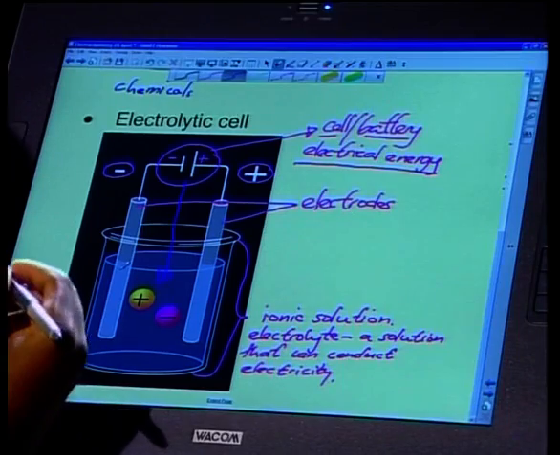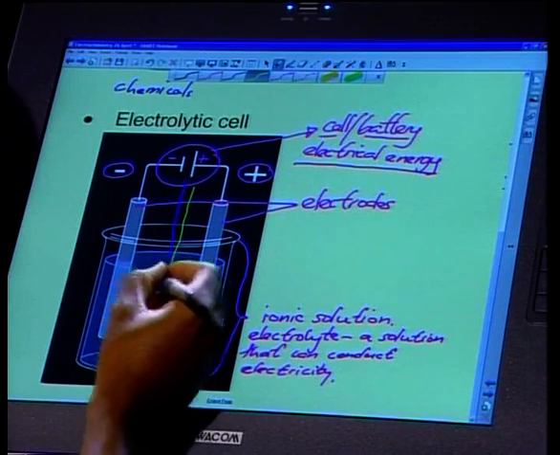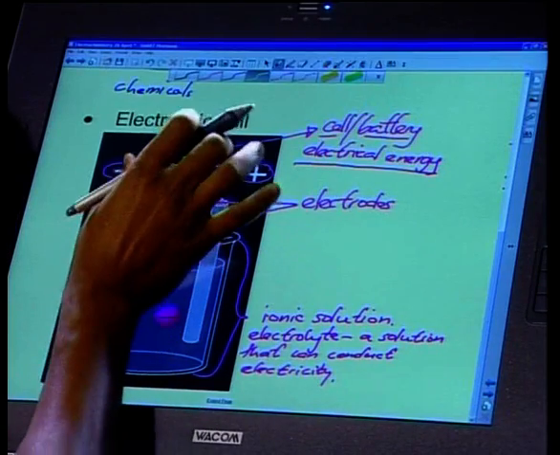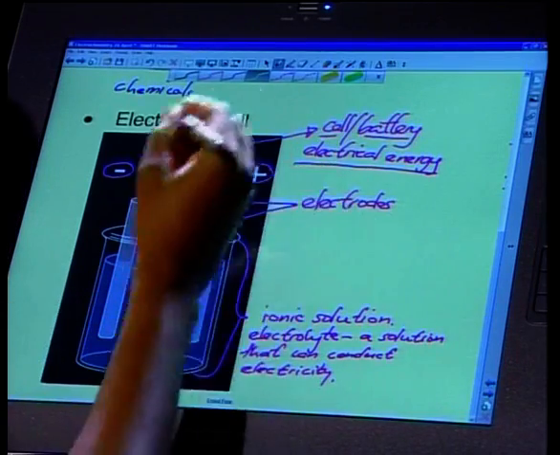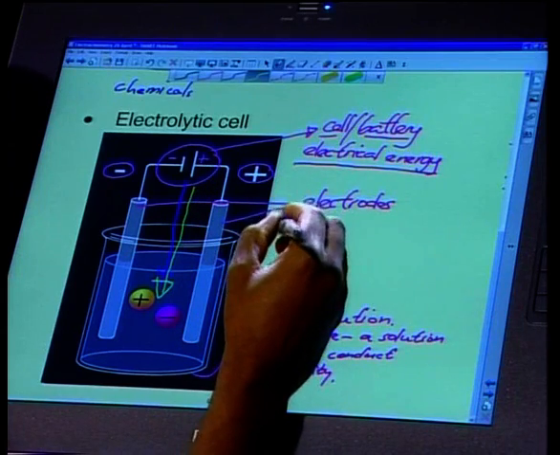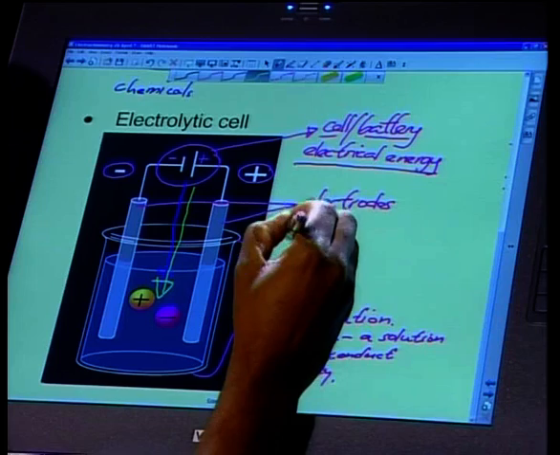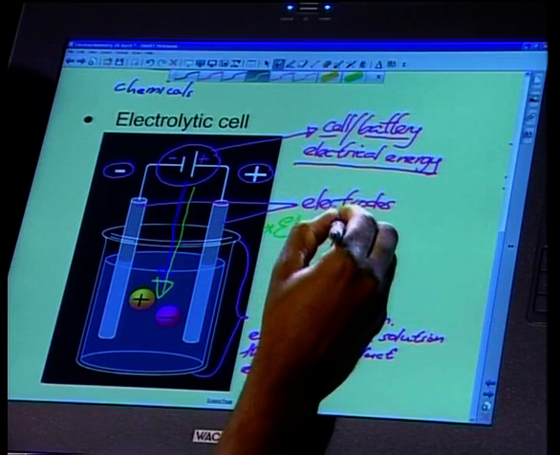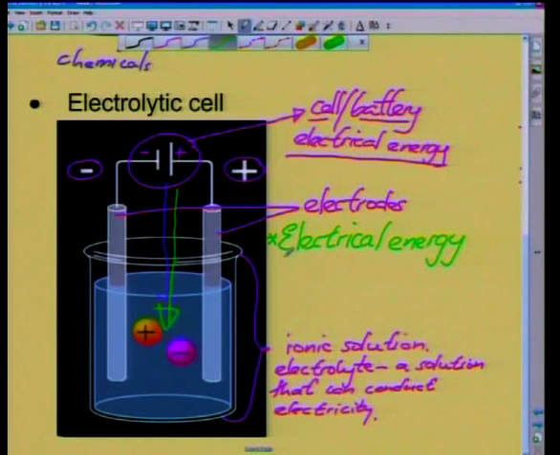You may not be able to see that color that well, but it's energy that is coming into that solution there. This is the energy provided by that battery or the cell, and it is made to do some work there. So in this case, the electrical energy is converted into chemical energy.